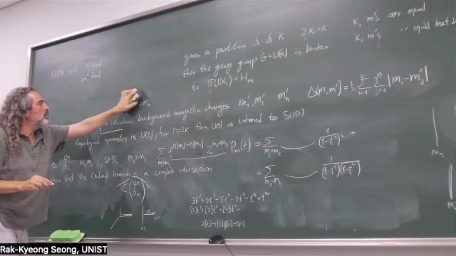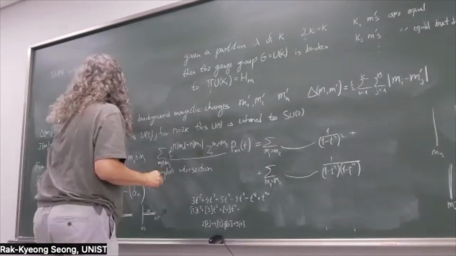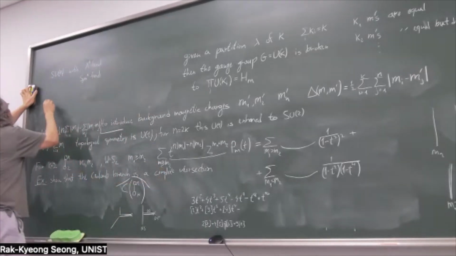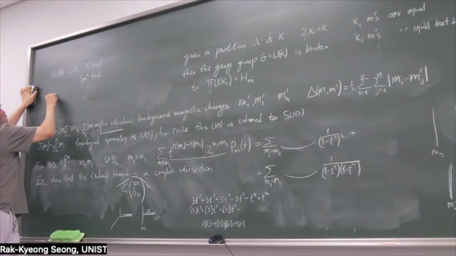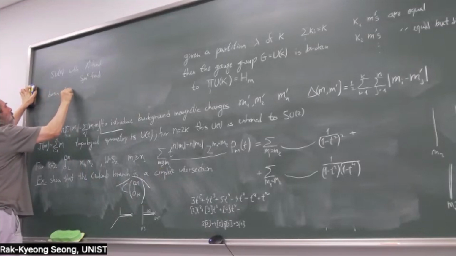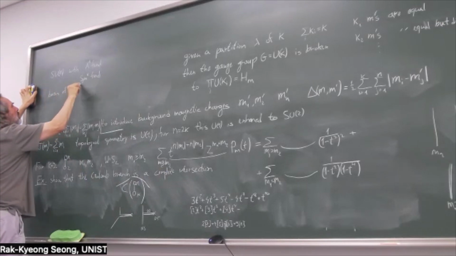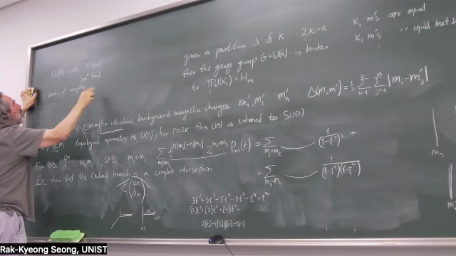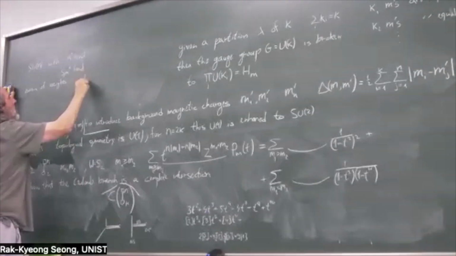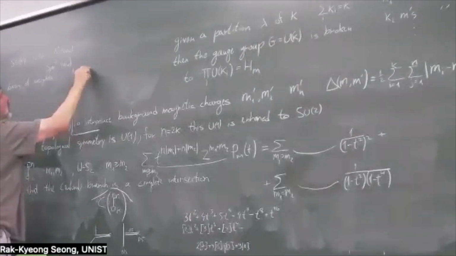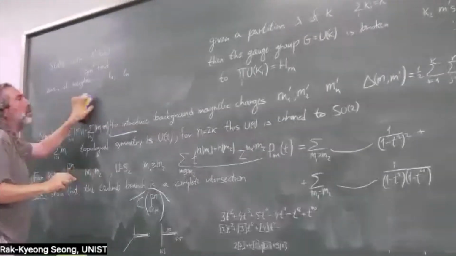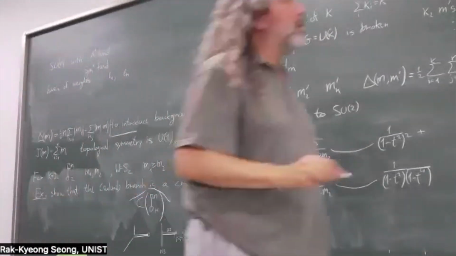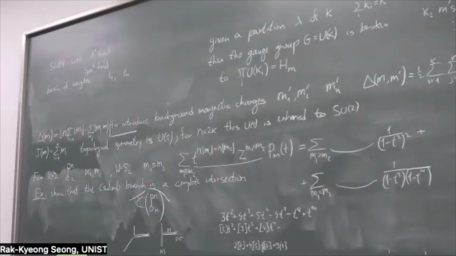So what we need to do is to pick a basis of weights. And for SU(N), it's simple. You have P1 to Pn. We need to look at this formula here for delta.